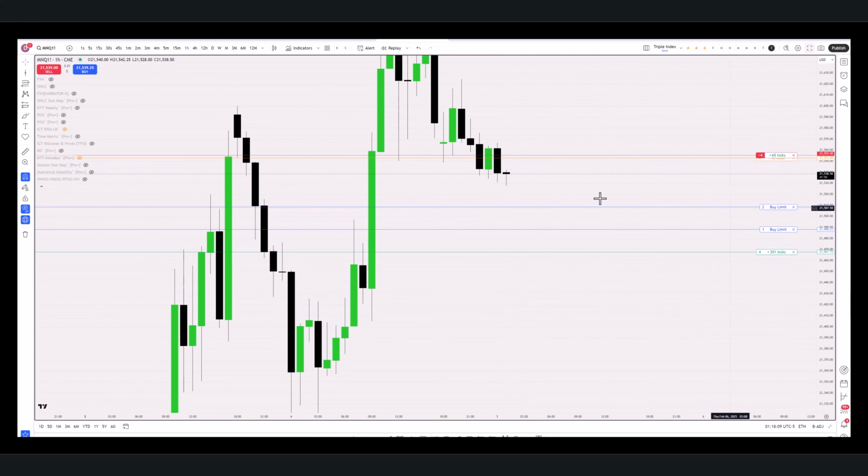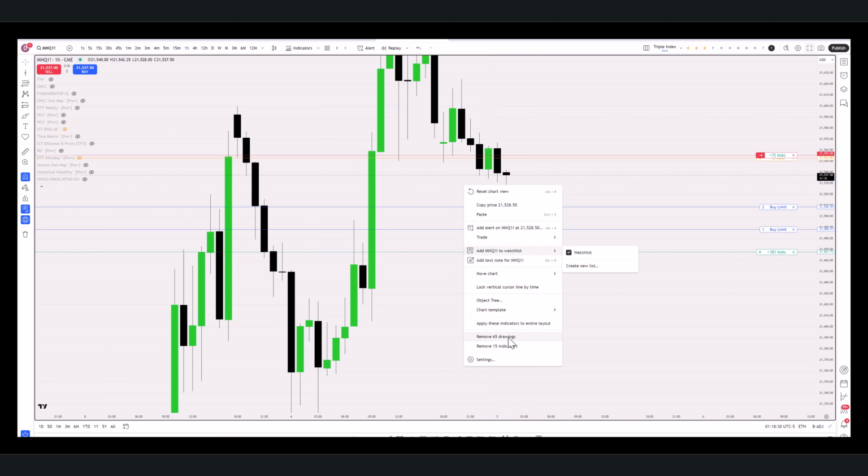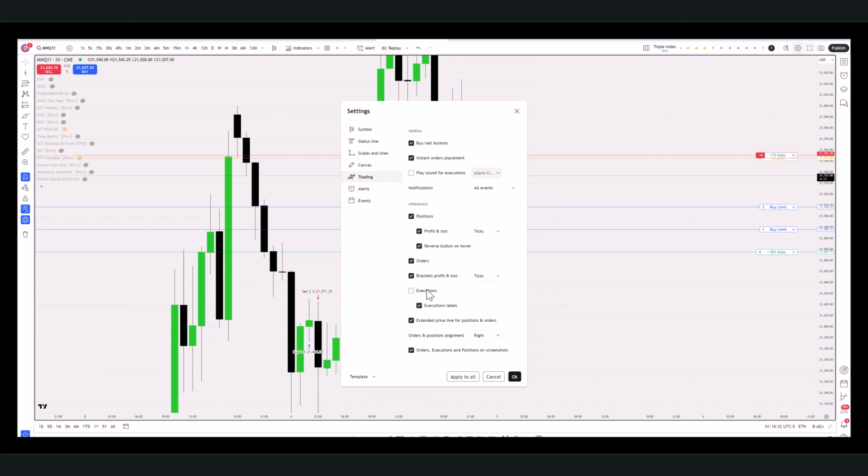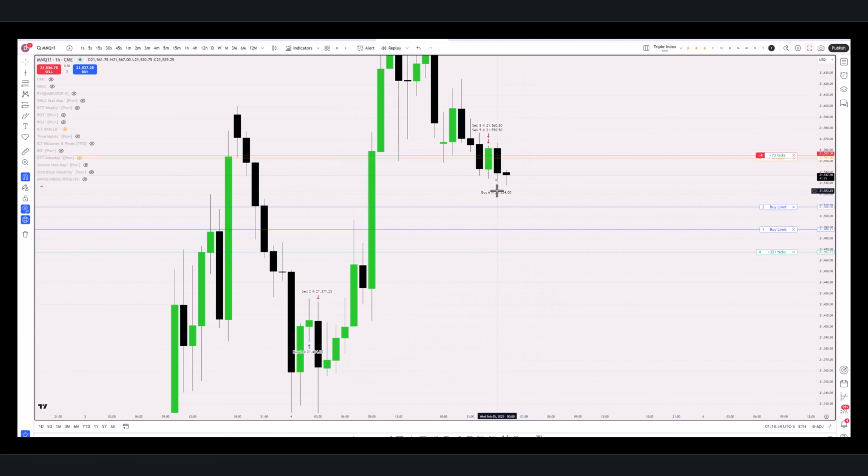It could wick up there. I may have moved the stop prematurely, but that's fine. It's one of my rules in my models to pass break even once first partials are taken, and first partial was taken at this low. Bam. Let's see. Yep. Boom. Right at this low.